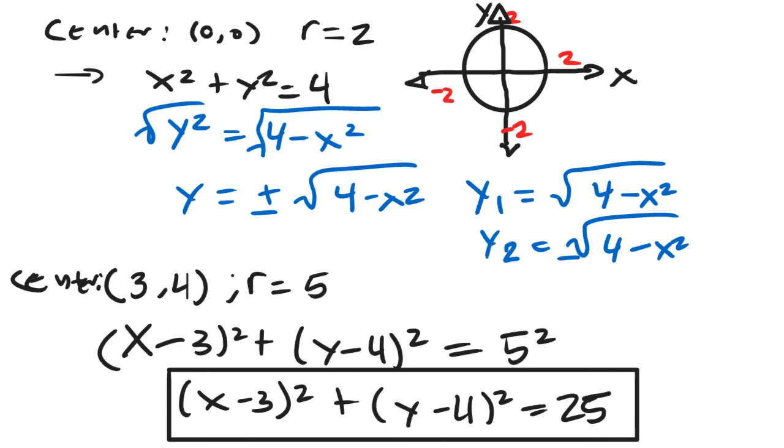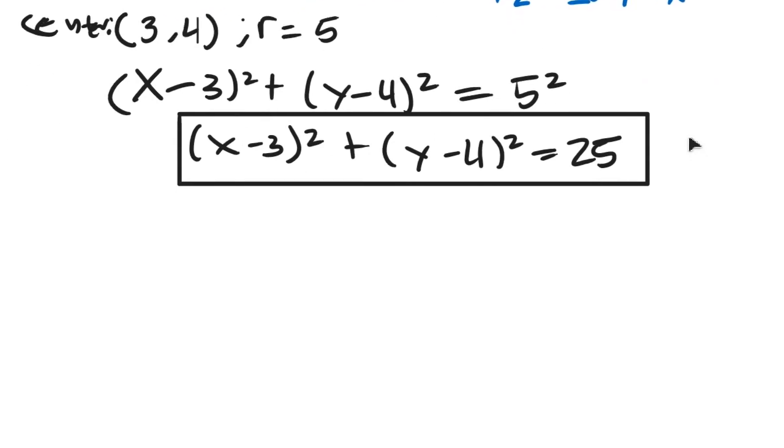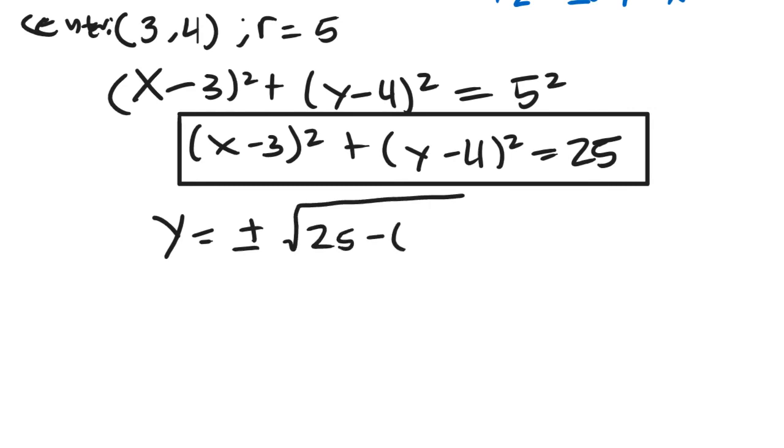We could go through the process of graphing this equation in our graphing calculator, but you'll find the process of going from here to y1, y2 is a bit more challenging, because if you solve for y, it's going to be plus or minus the square root of 25 minus x minus 3 to the second power, but you would have to not forget to add 4.